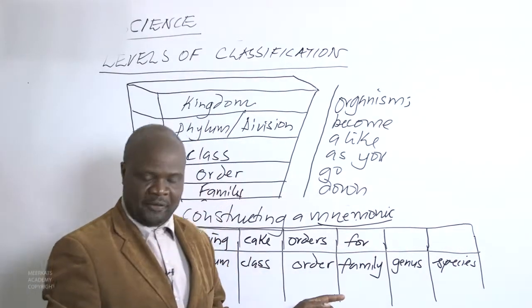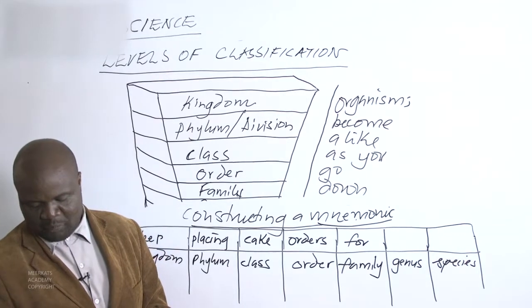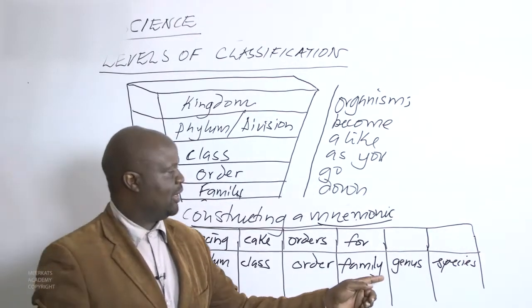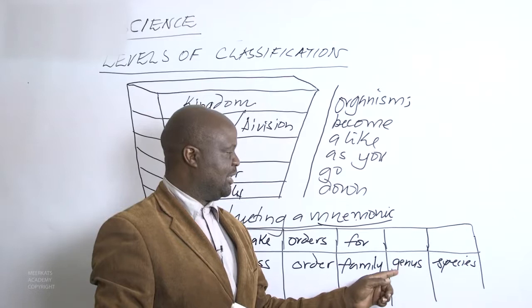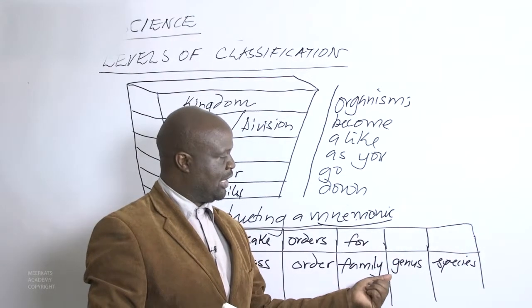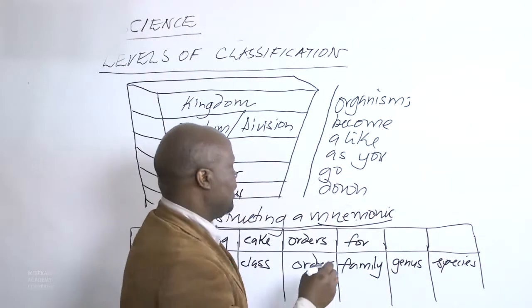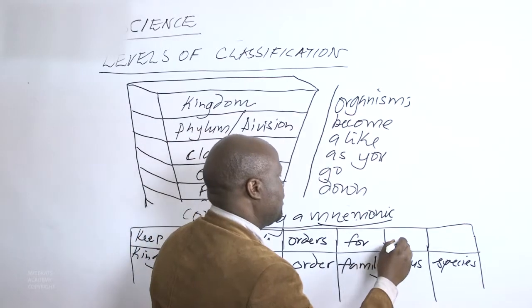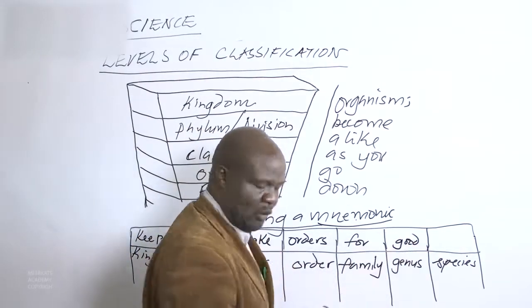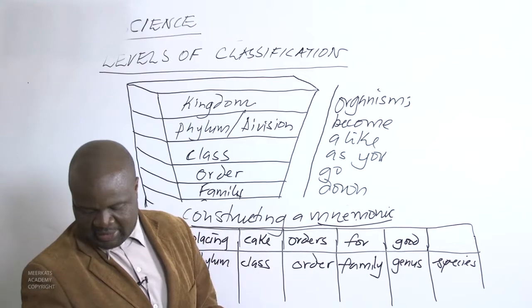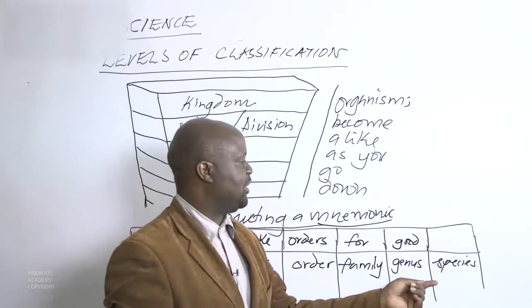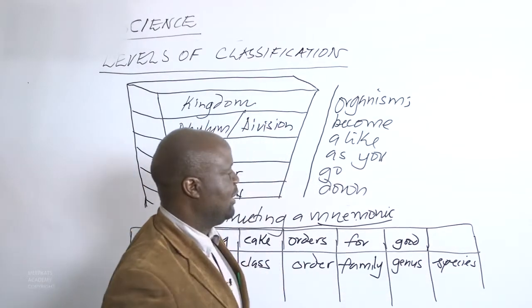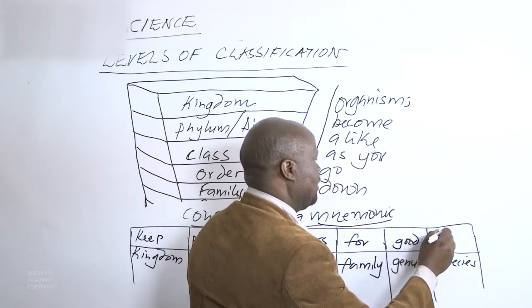Then from the genus you pick letter G, and you can formulate the word good, and then from the word species, you can pick letter S, and you formulate a word, students.